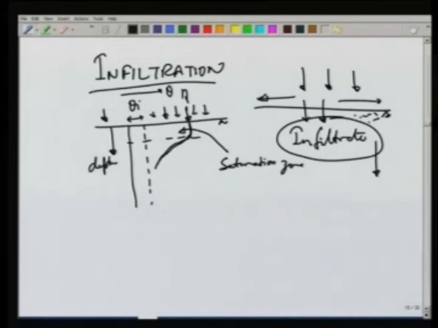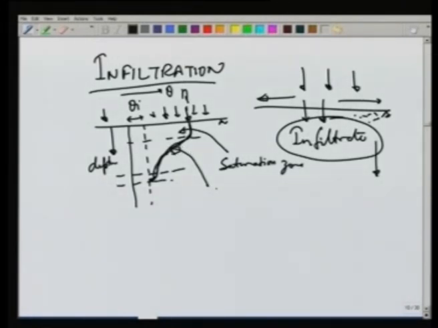and there will be a sudden drop. So, the second zone will be unsaturated, it will have partial air saturation, partial water.